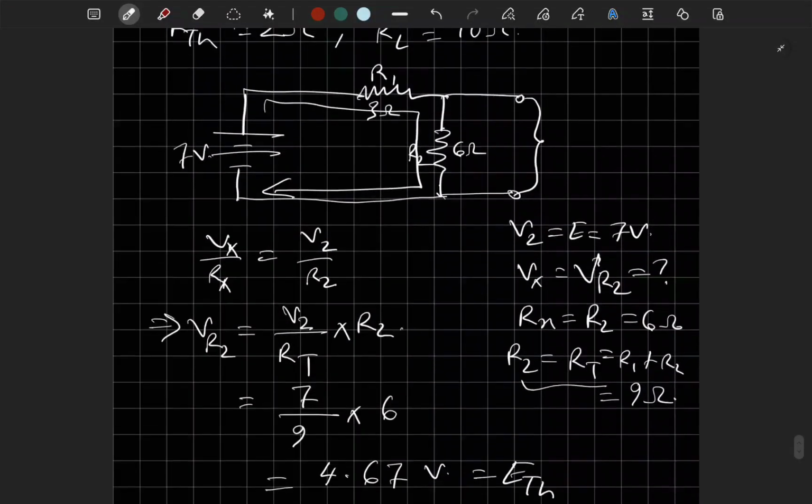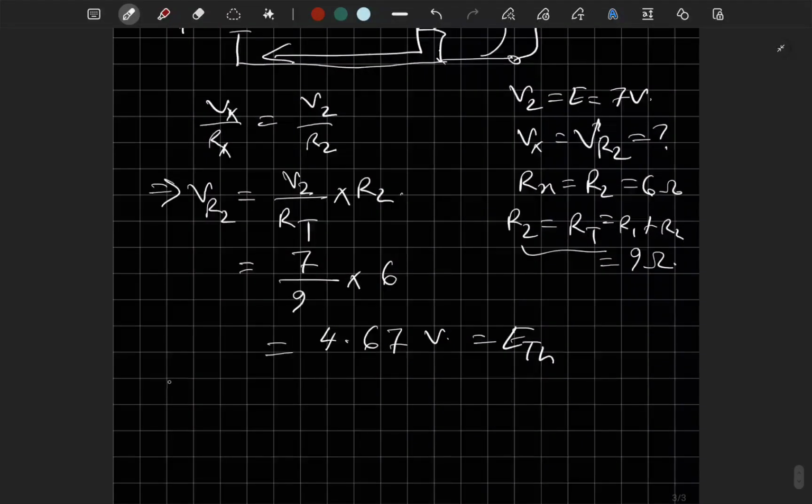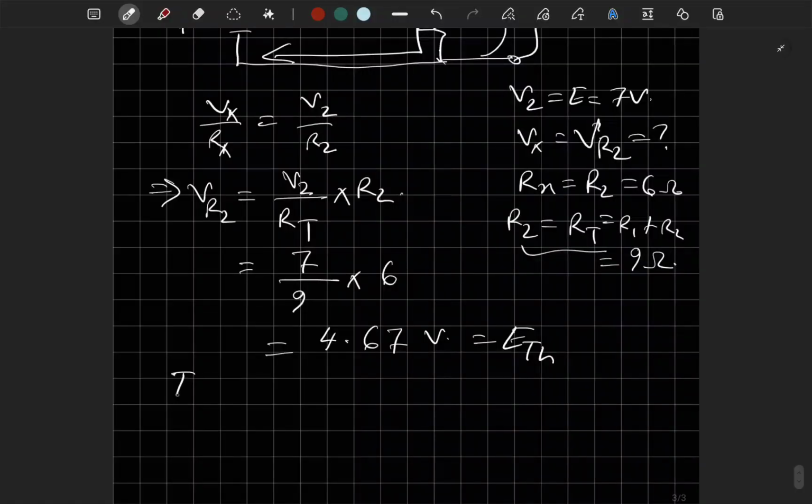And this is ETH, because it's the voltage across this place. So we have ETH equal to 4.67 volts, and we have RTH, we have RL, so we'll find IL now. IL equal to ETH over RTH plus RL. ETH is 4.67 volts over RTH, where's RTH?